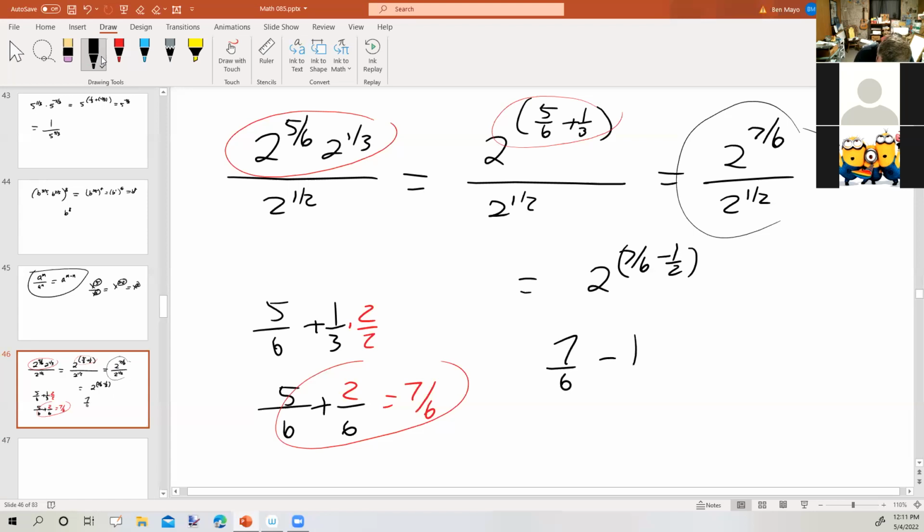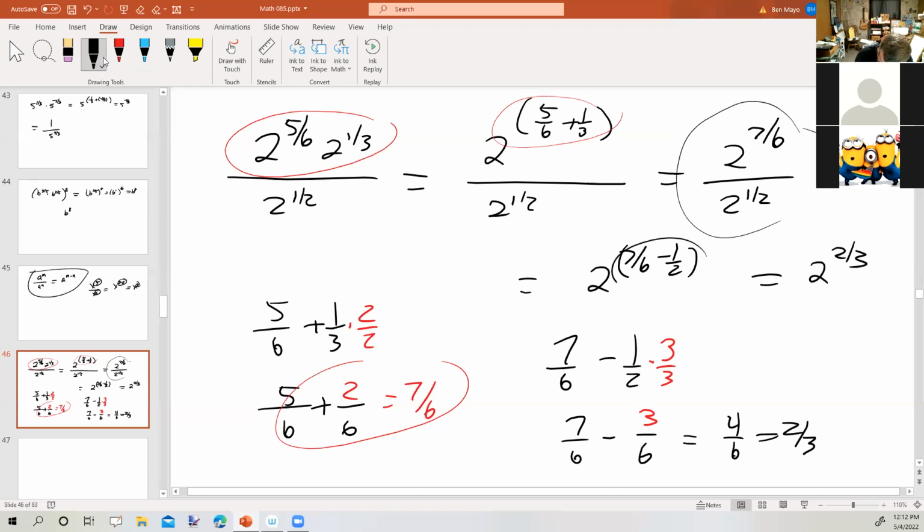But 7/6 minus 1/2, we take the 1/2 and multiply it by 3/3. So minus 1/2 becomes minus 3/6. 7/6 minus 3/6 is 4/6, which reduces down to 2/3. So I end up with 2 to the 2/3 power, because all of that became that.